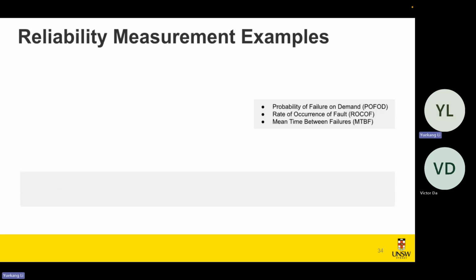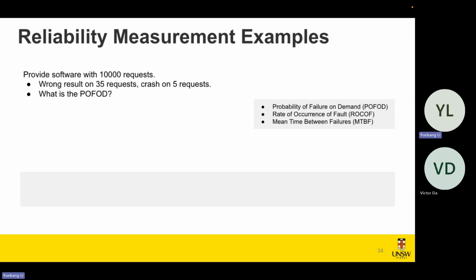So here's an example of how to calculate everything. Assume that we provide the software with 10K requests, and we got a wrong result on 35 requests, and we have crashes on 5 requests. So what is the probability of failure here?